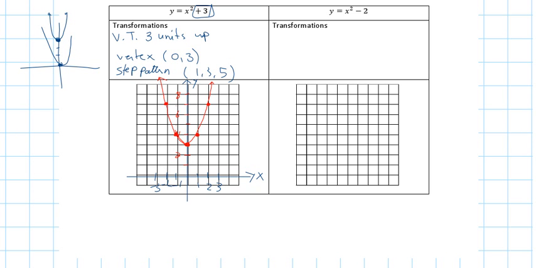Right? So if my vertex is at 0, 3, 0 is right here, and then 3 is right here. So that means this is where my point is. Okay? So locating your vertex is very important because that's your starting point. Okay? I'm going to give you some time to try the second one.